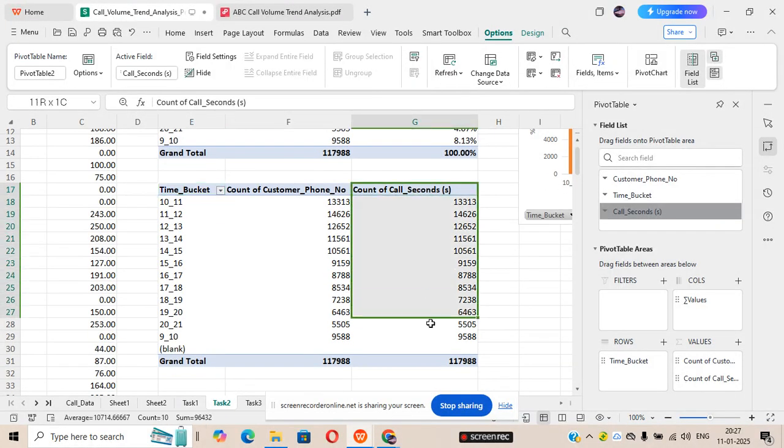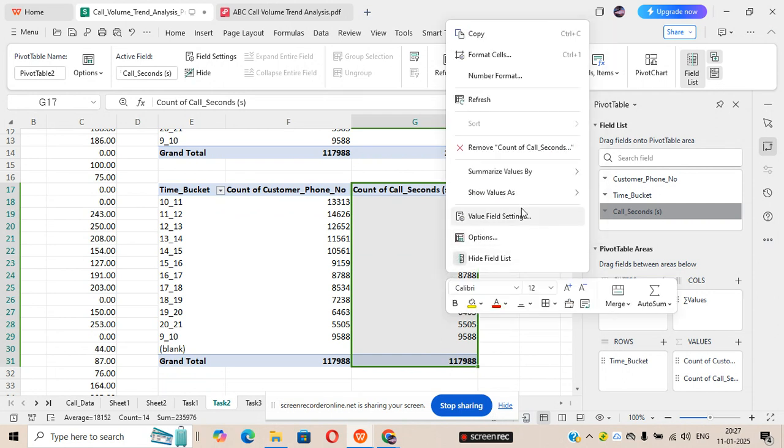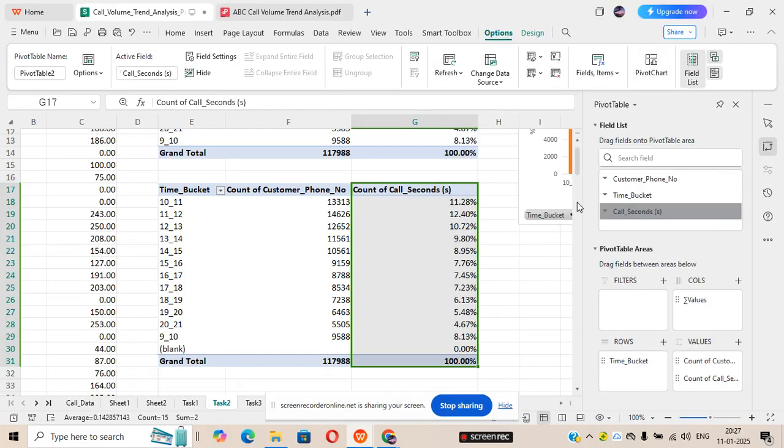Now sorting these, and showing values as percentage of column total. I have selected the percentage of column total.